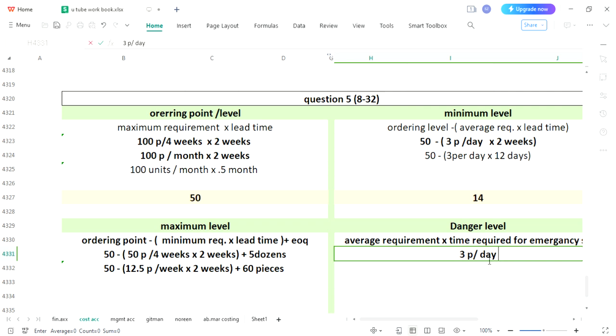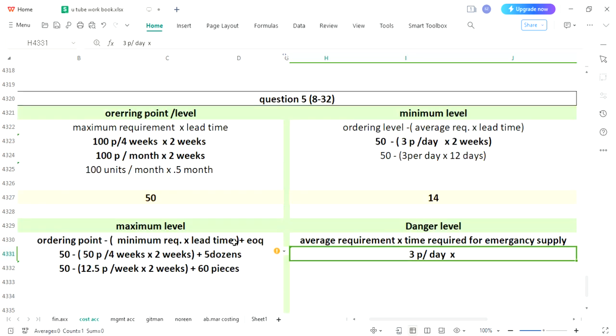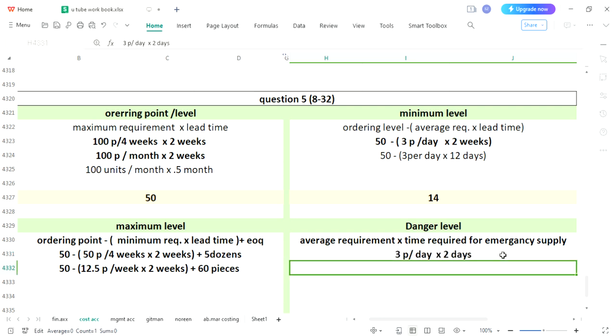3 pieces per day is your average requirement, and you need to multiply it with time required for emergency supply. Go back to the question. If 2 days are sufficient to receive emergency supply, so time required is 2 days, put over here, days. So there is a surprise for you.